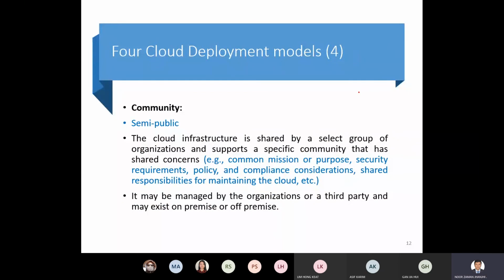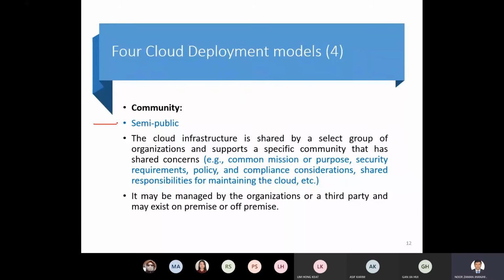In the community, this is semi-public, not fully public and not fully private as well. It's partially public, partially private, because being owned by the health ministry, all of the health departments can access it.